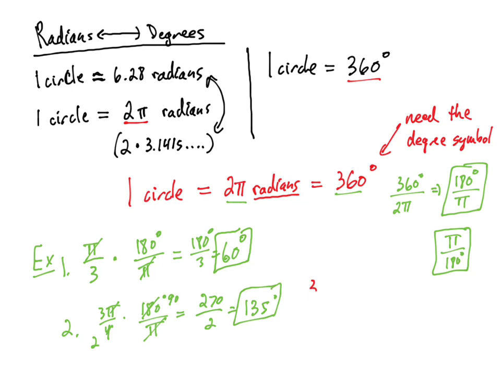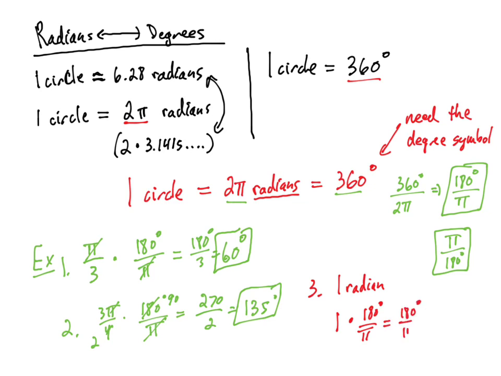The last one, let's pick a different color, 3. This one's a little bit tricky. 1 radian. Now that does not have pi in it. But again, we want to convert this into degrees. So I'm going to say 1 times 180 degrees divided by pi. Well, without a calculator, it doesn't really seem like I can do anything.